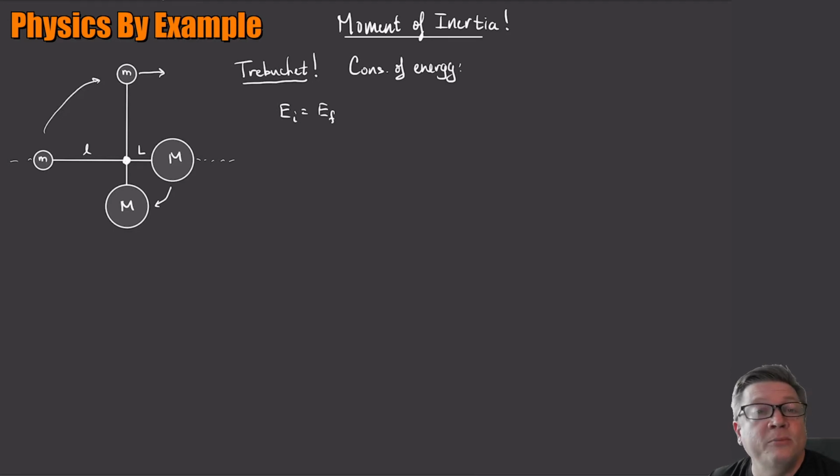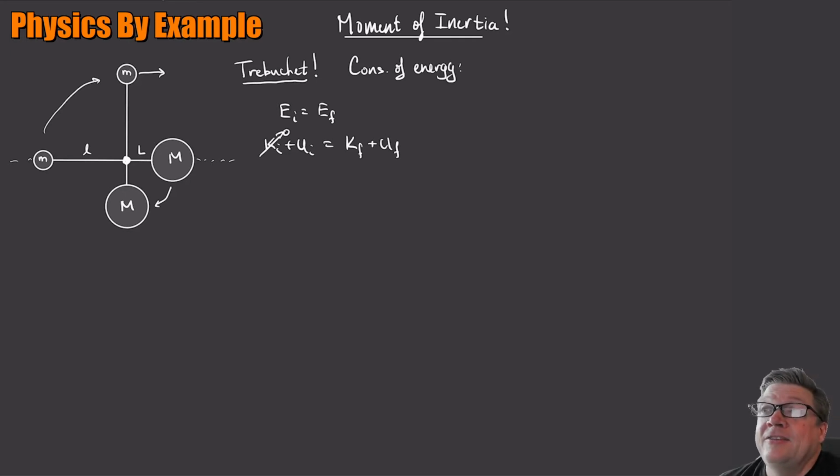Initially nothing is moving, and I've just loaded the big mass onto the platform. So the initial energy is kinetic plus potential, and the final energy is again kinetic plus potential. Nothing is moving initially, so I don't have to worry about that.